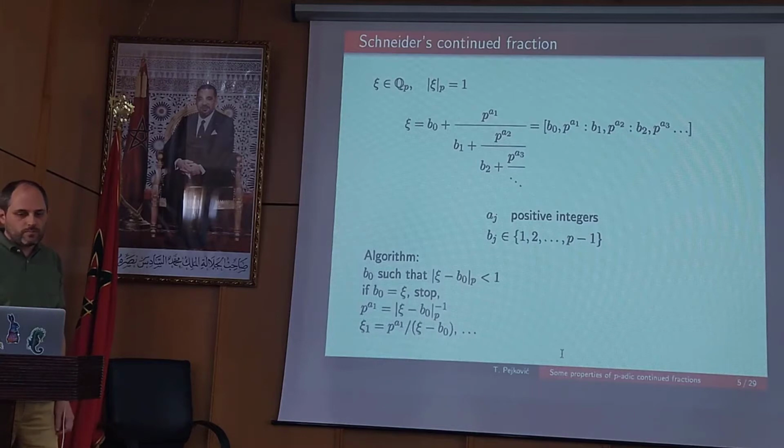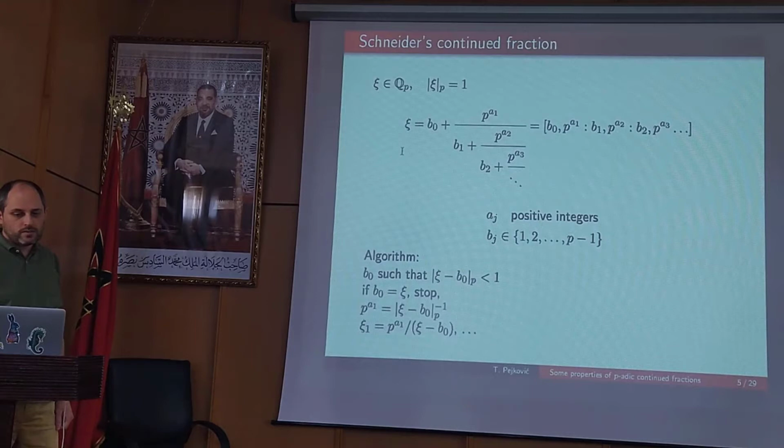We start from a p-adic number psi, which we can take to be a p-adic unit. So it has to be congruent to exactly one of the numbers 1, 2, up to p minus 1, which is a reduced residue set, modulo p. And then we call this number b0.